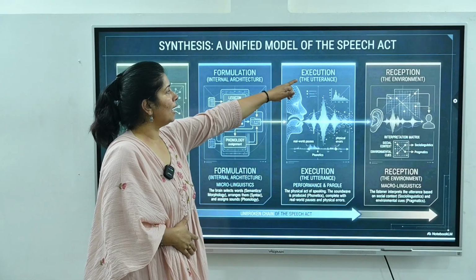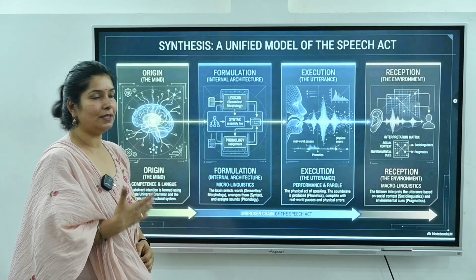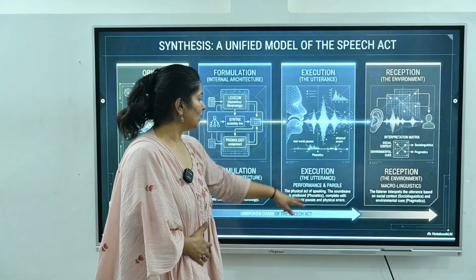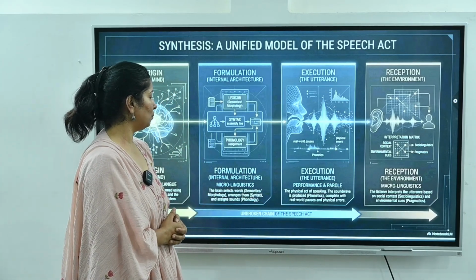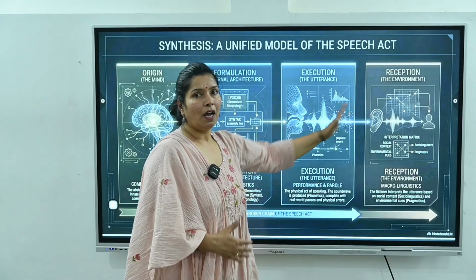A third one is execution, the utterance, when we use language in our day-to-day life, in the real world. So the physical act of speaking, the sound wave is produced, phonetics, complete with real-world pauses and physical errors. Next one is reception.